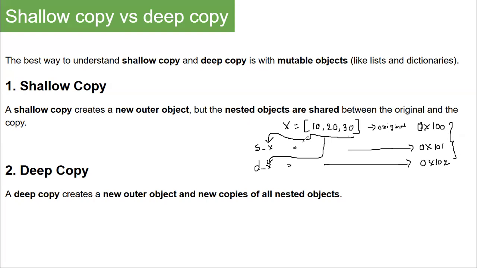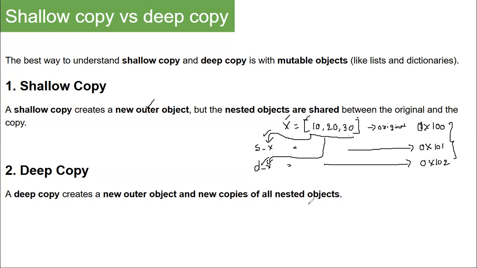Now tell me three things: original copy, shallow copy, and deep copy. In all three places the data stored is the same, but the addresses of these three variables are different: 0x100, 0x101, 0x102. These are the outer objects.